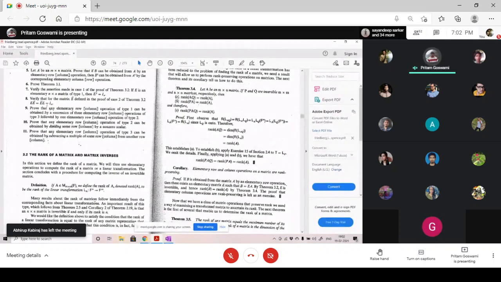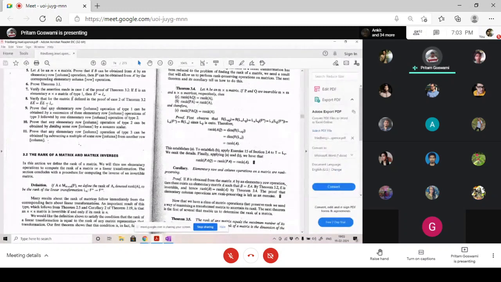For a matrix also, the rank is the dimension of the range space of the corresponding linear transformation of the matrix. That is the only definition of rank. Now, I am not proving this theorem to you, but this theorem states that suppose A is a matrix.